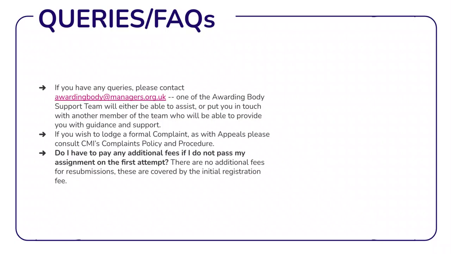This is a marker who will not be someone who is actually assessing your assignment, so there's no potential for conflicts there, but they may be able to provide you with some high-level guidance when it comes to approaching the assignments themselves. As with the appeals, if you wish to lodge a formal complaint at any stage, please do consult the CMI complaints policy and procedure. This will also be linked in the description, the PDF and the annotations as well.